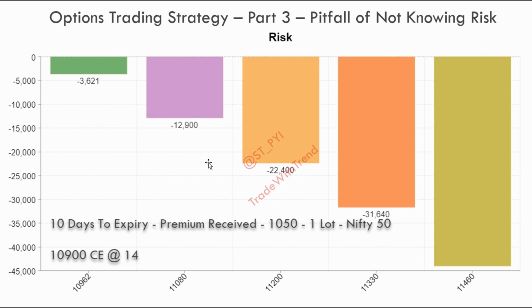I know people say that this happens very rarely, but again, I'm lucky that we are in times where this is happening so frequently that people cannot say that this is an aberration. This happens so frequently that over the past 7 months, if you have received 1,000 rupees per lot for whatever you have sold, it just takes 1 month or one 10-day interval to wipe it out completely.